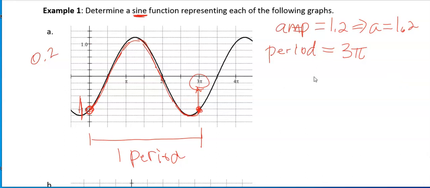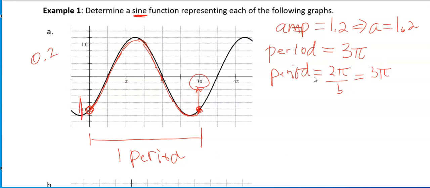But now remember, you need b, don't you? Right? You need to calculate your b. So the way you do that, remember that the period is 2 pi over b. Well, what you do is you set that equal to the 3 pi. Okay, you set that equal to the 3 pi.